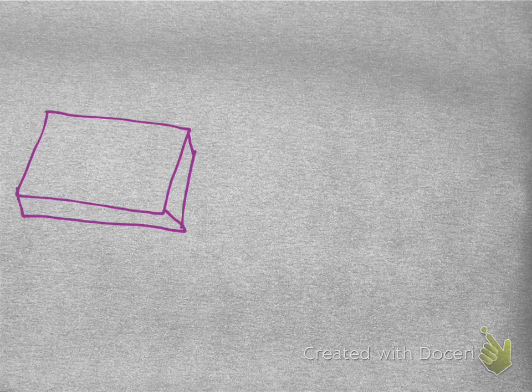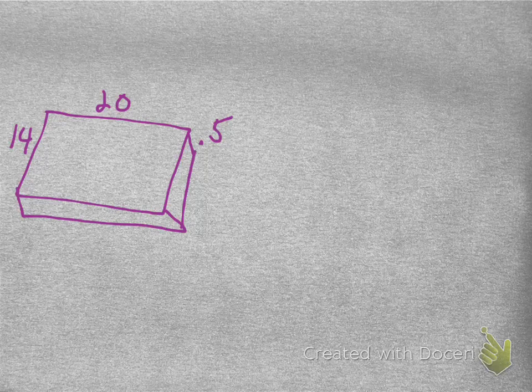Alright. So we know that it's going to be 14 by 20. How deep is it? 6 inches. How do I write 6 inches as feet? 0.5 feet.